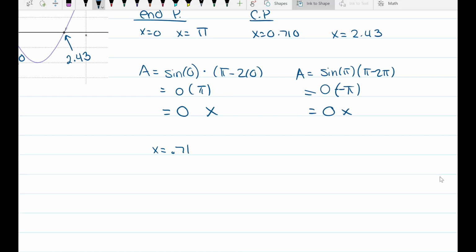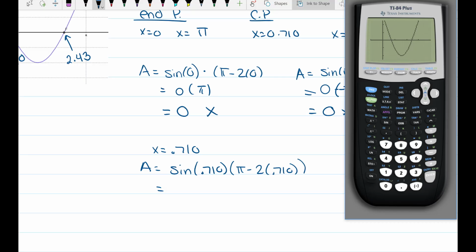x equals 0.710. So area is sine of 0.710 times pi minus 2 times 0.710. And this is going to be equal to, and make sure that your calculator is in radians. If it's not, you'll have a problem.